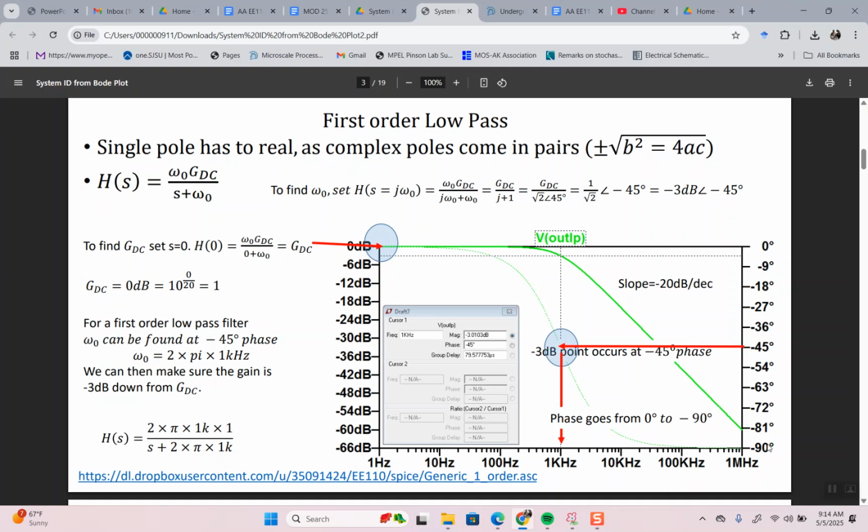Oh, that's got to be inverting, right? So then you would know whether to put a minus 1 or not in front of H of s. But once you find the 3 dB point or the phase point, you just read down, that's a kilohertz. Yeah, LTspice does it in hertz, so you just convert it to radians. Okay.